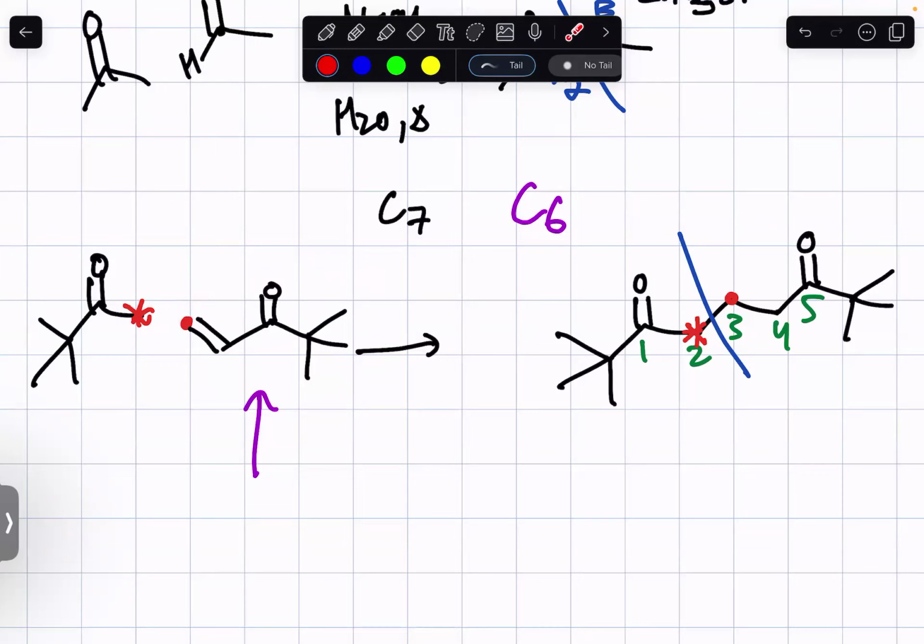So it's an alpha beta unsaturated, or an enone. So you would react it with the carbonyl portion, and then the double bond portion would be formaldehyde. Right. Alpha beta.